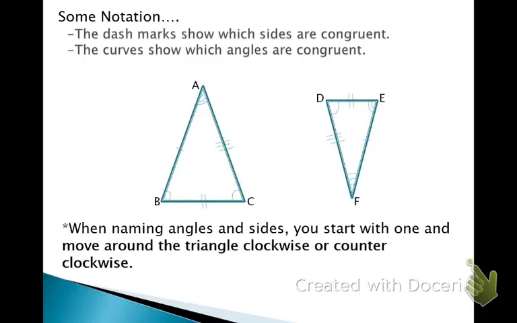And then the angles. You put the same number of arcs to show they're congruent. D and C would correspond, B and E would correspond, and A and F correspond. When naming angles and sides, you start with one and move around the triangle clockwise or counterclockwise.